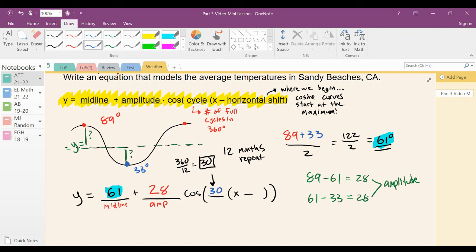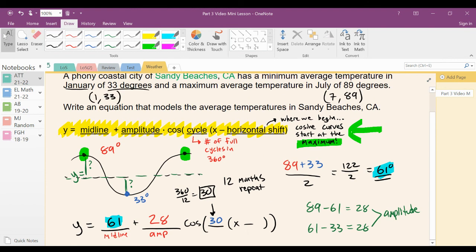All right, so we almost have everything done. Lastly, we need our shift. We know that cosine curves always start at the maximum, right? That highest point. When we write our equations for cosine curves, we want to start at that highest point, versus a sine equation, which we would look to start in the middle at the midline. So our highest point is a maximum of 89 degrees that occurs in the month of July.